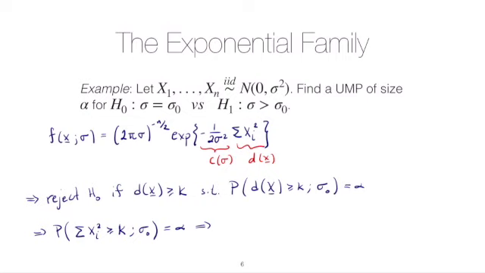Another way to write this, if we wanted it in terms of a distribution that we know, is to say the sum of the squares of the data over sigma squared is greater than or equal to k over sigma squared under the null.